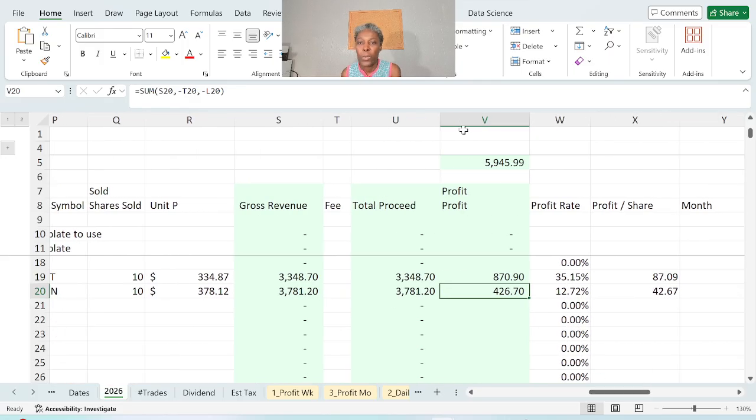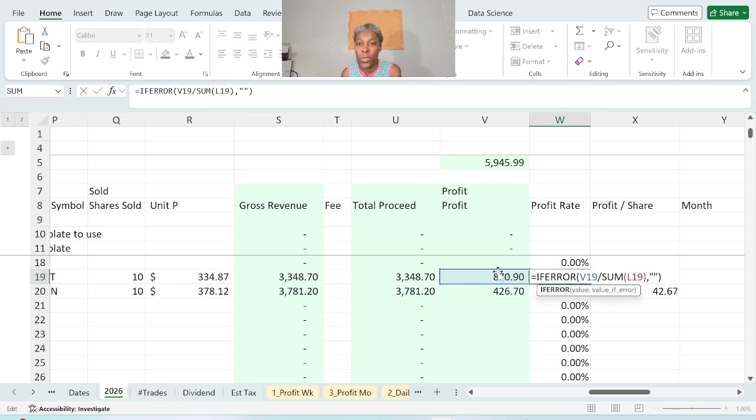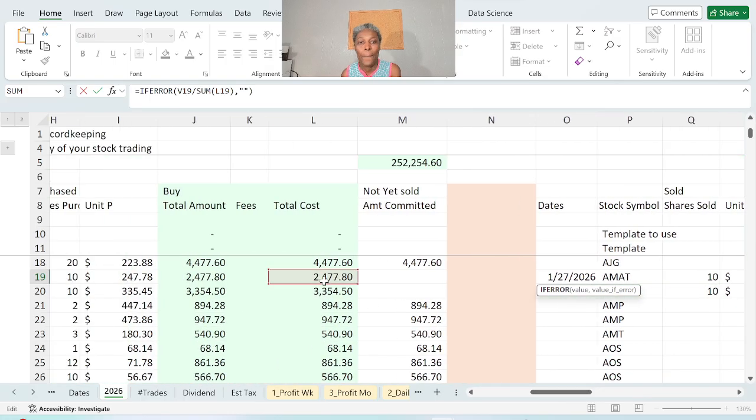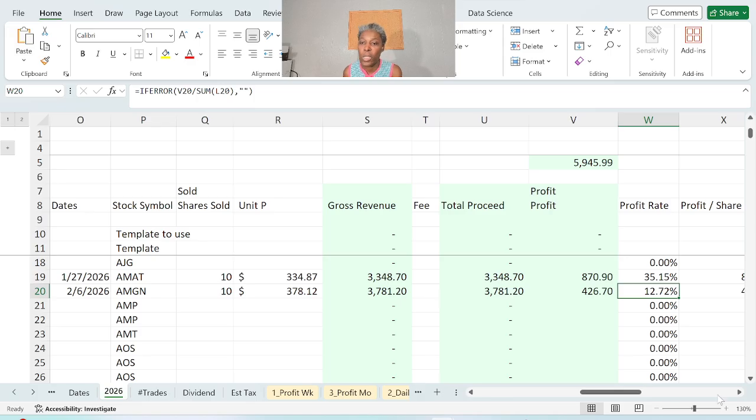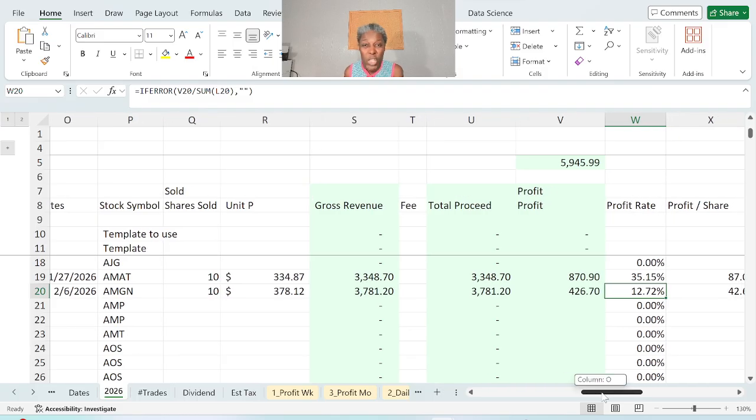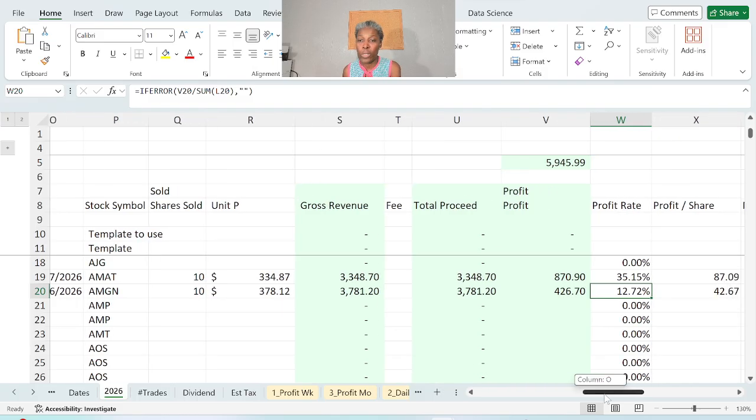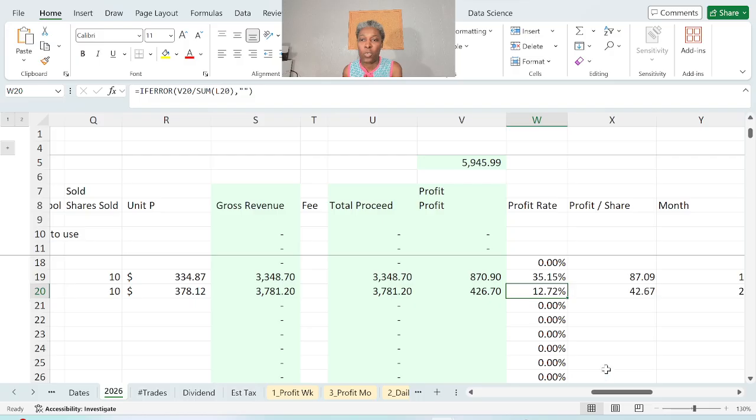And then I will calculate the profit rate. The profit rate is taking that profit divided by how much I paid for it. Those are the same calculations that I like to use to analyze the performance of my swing trading strategy, to see how this swing trading is working for me.